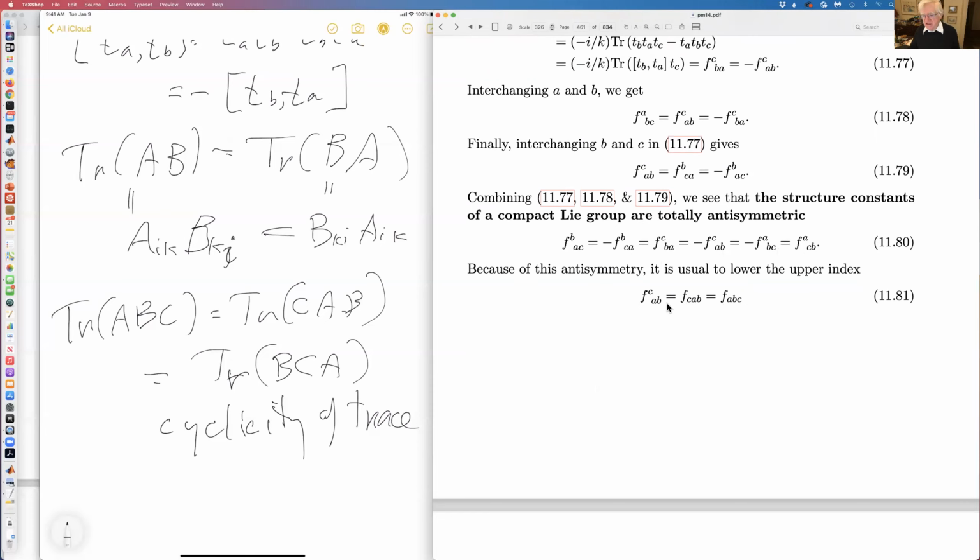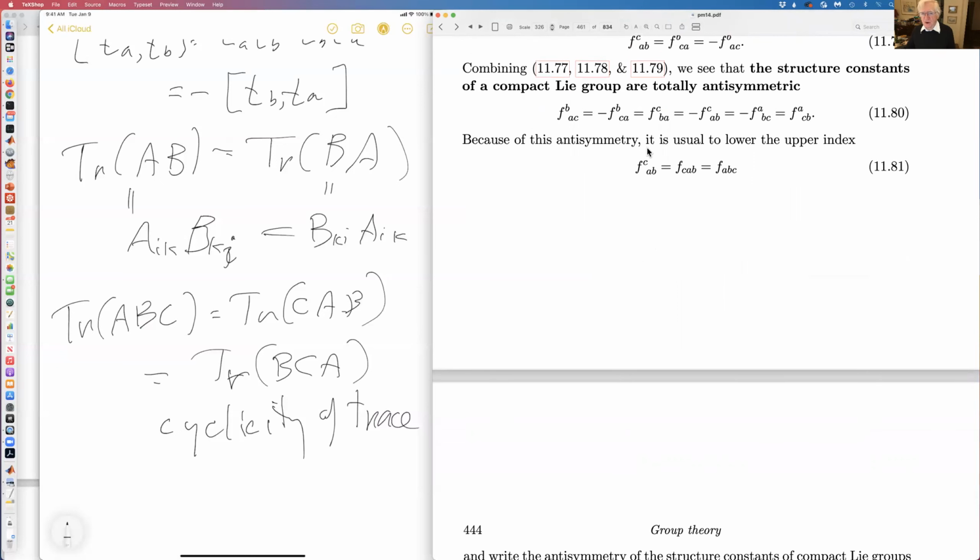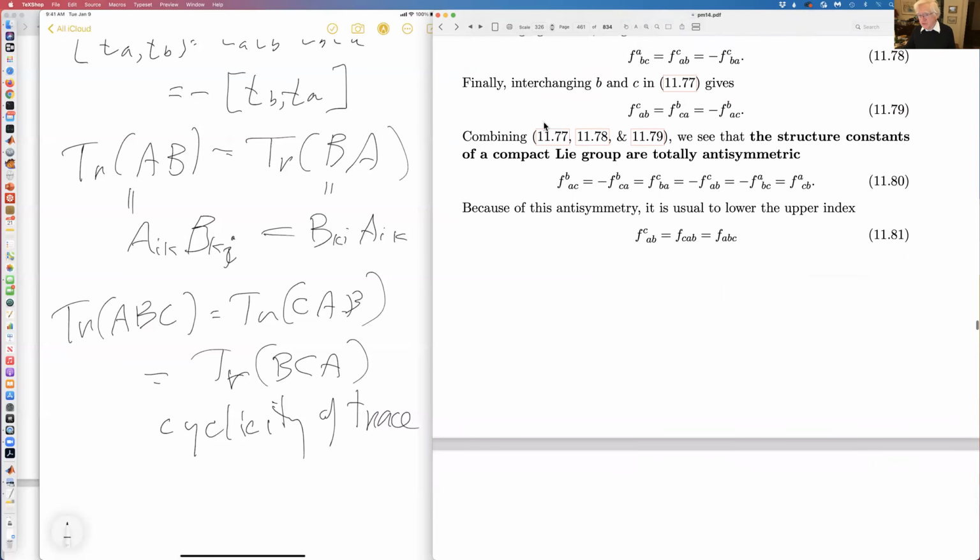And in either case, these two are equal, because if you go to the right, you get a minus sign, another minus sign, so you get a plus sign. So that's just an easier way of writing. On the other hand, if the group is non-compact, you don't have this total anti-symmetry, and so people often leave one index up.